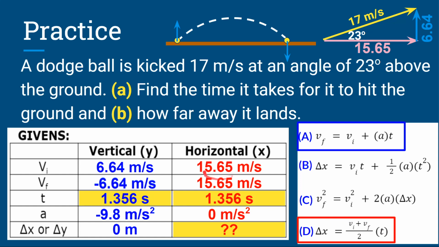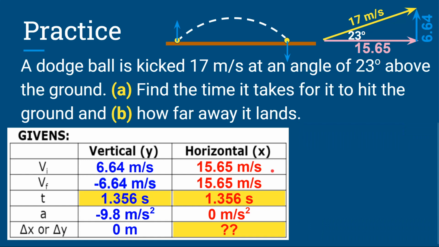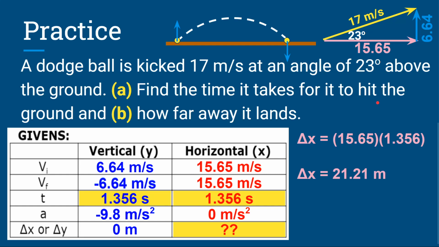My average velocity, though, is just my velocity because these two numbers are the same. So it's 15.65 times my time, 1.356, and my displacement, therefore, is 21.21 meters.